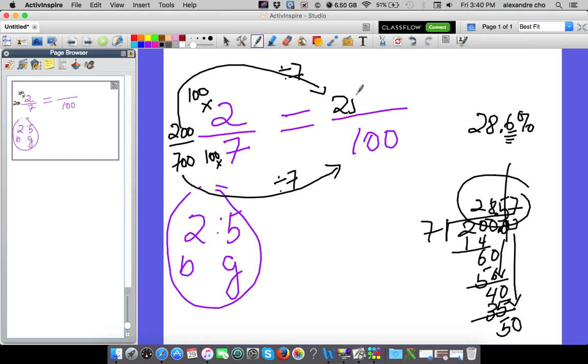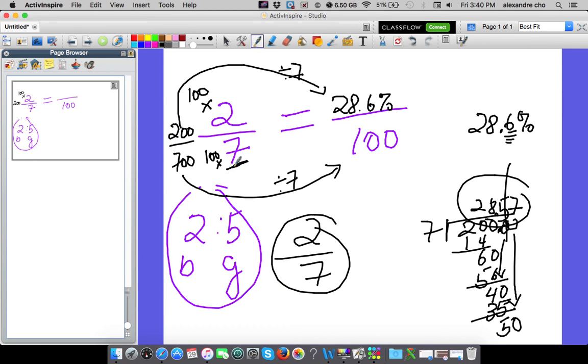So 28.6% of the class are boys. Okay. So the trick here was knowing that there are 2 boys for every how many? For every 7. Because the bottom number, remember, is part to total. The part is the 2 boys, and the total is the 7 in the group.